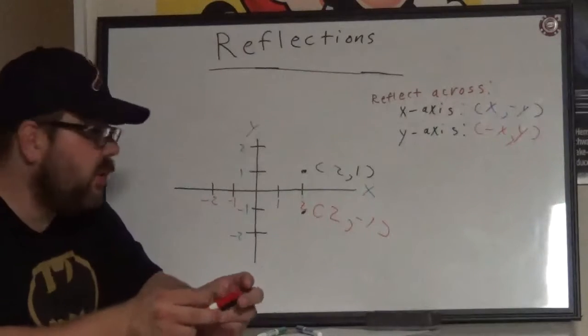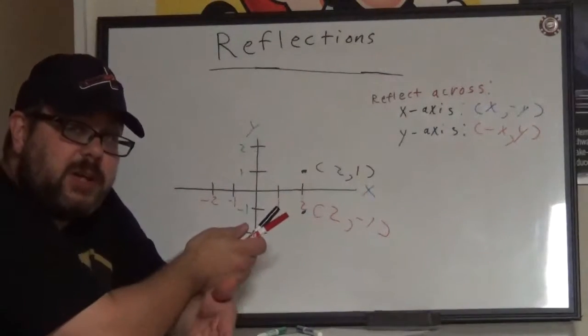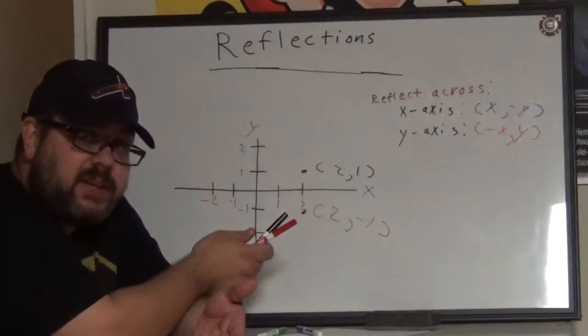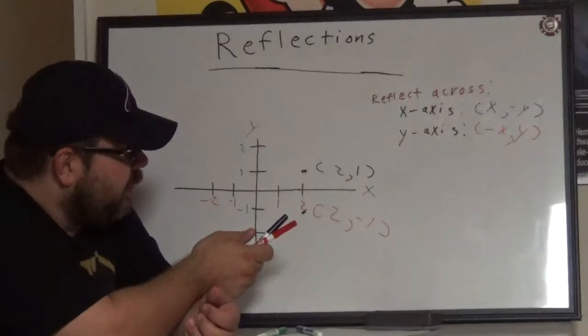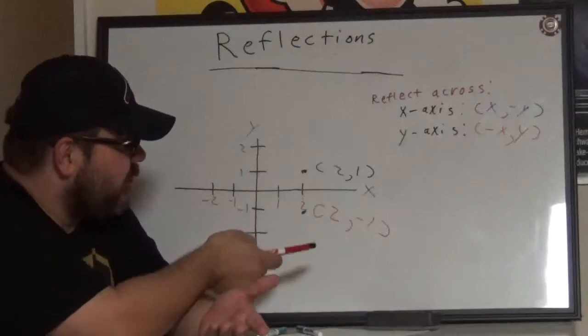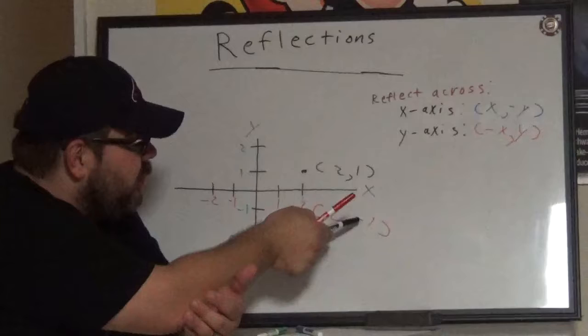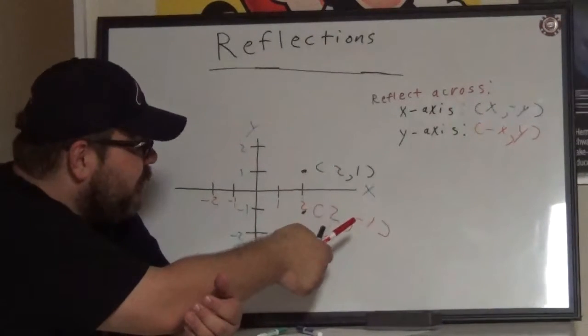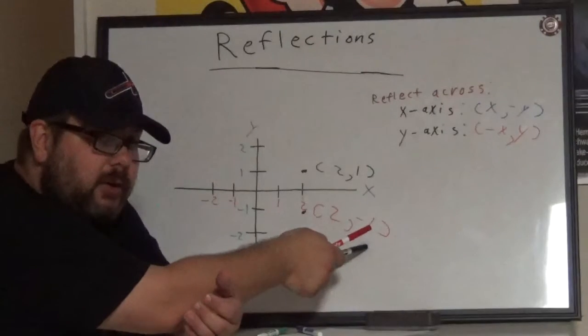Hopefully you can notice when we reflect across the x-axis, the x value stays the same. However, the y value changes. Well, what changes? The sign changes. Instead of 2, 1, we now have 2, negative 1.